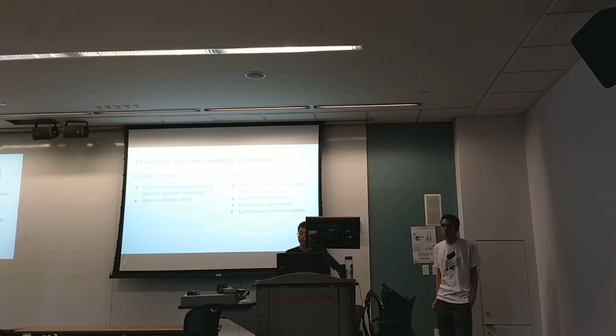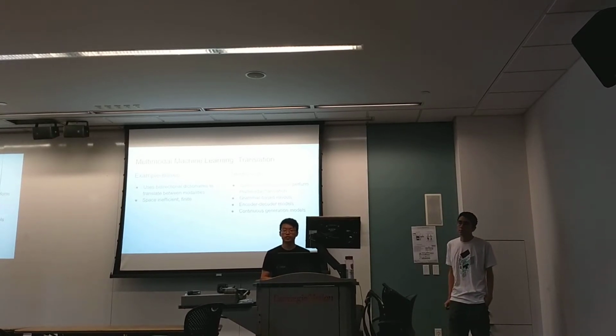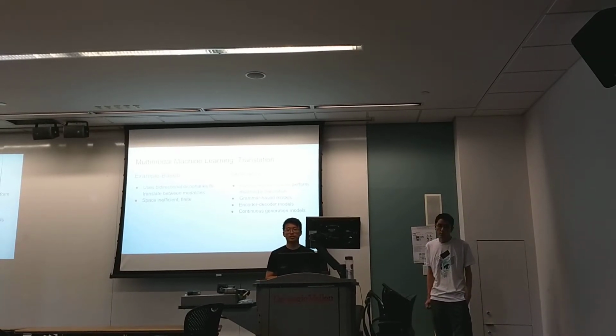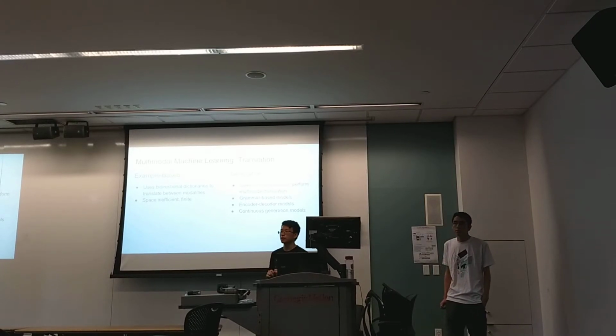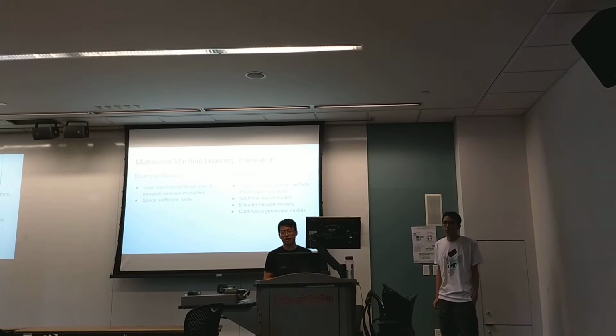And there are two types of models used in translation. One of these is example-based. Example-based models use dictionaries to translate between the two modalities, similar to how I might look up words in a foreign language dictionary.